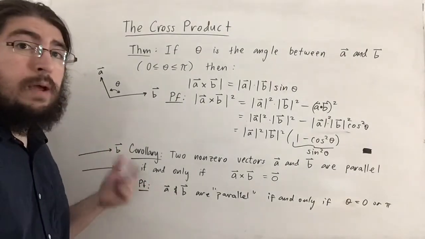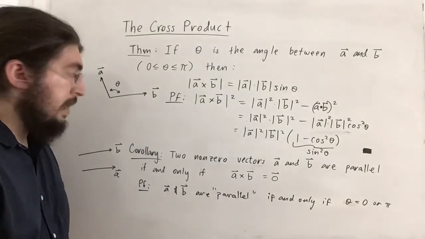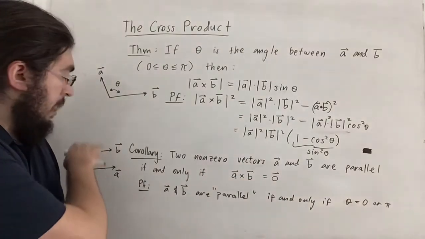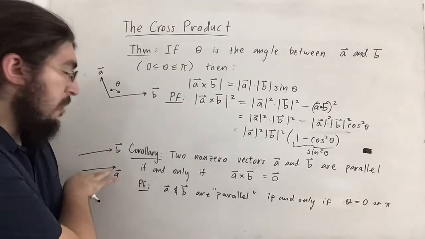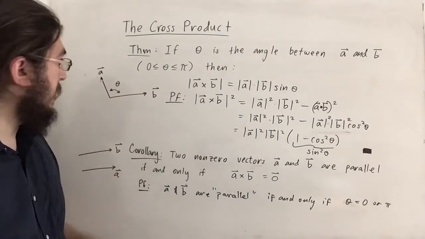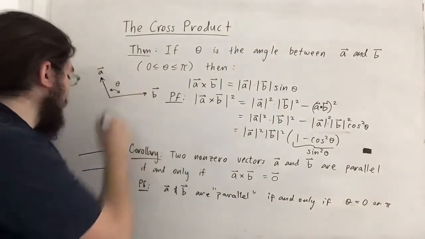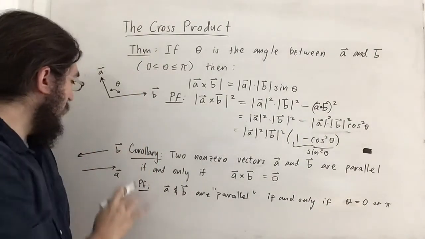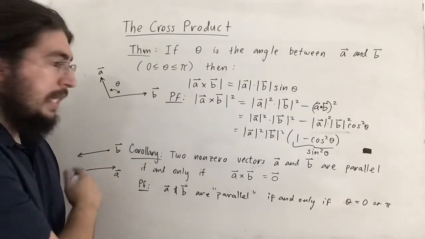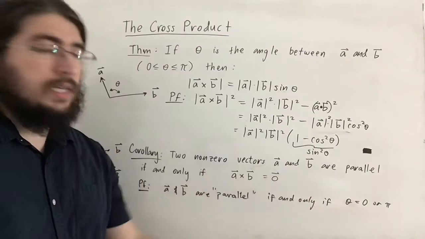One can go one way and one can go the other way, and that would be if their angle between is pi. So here, if you pile them on top of each other, so float A over B, their angle in between is actually 0. So imagine these kind of collapsing. Whereas if it was facing the opposite way like this, then if you were to connect them tail to tail, you see that the angle between them is actually pi. So that's why this holds.